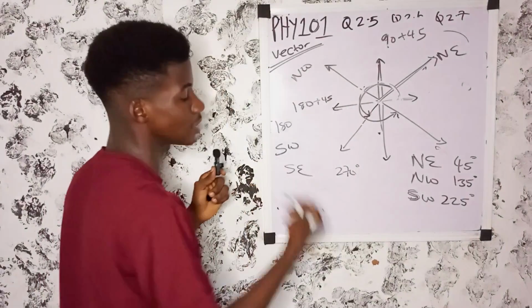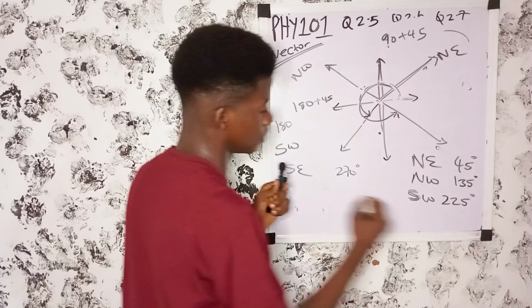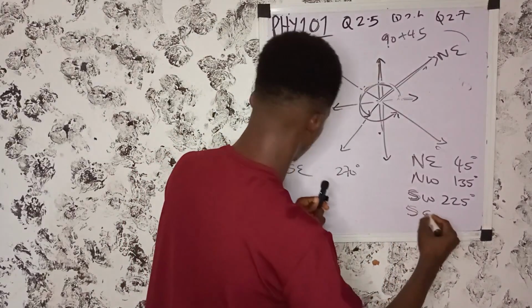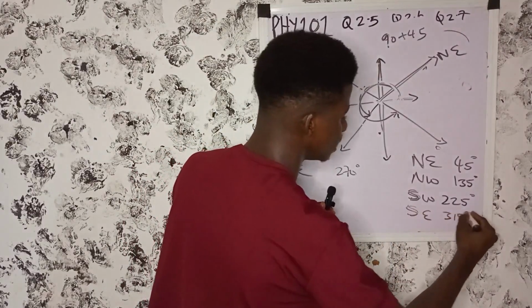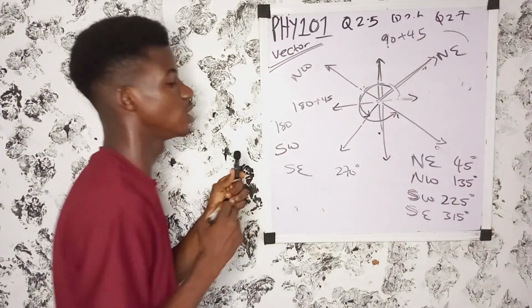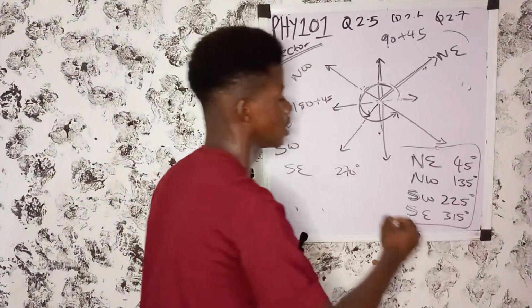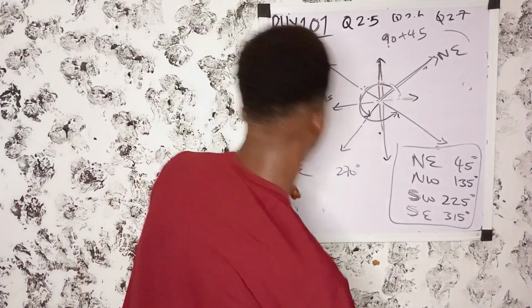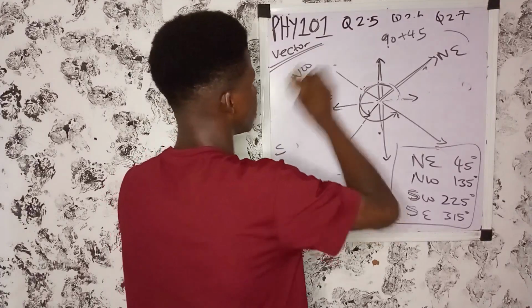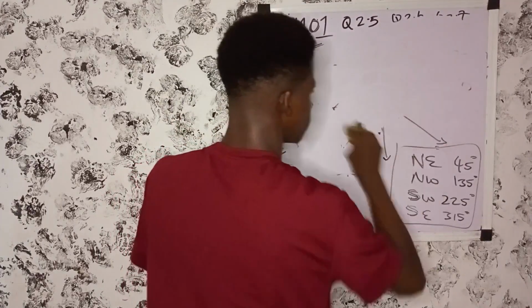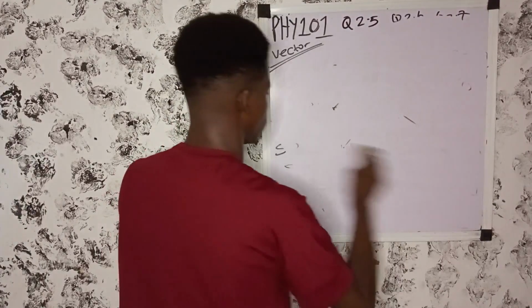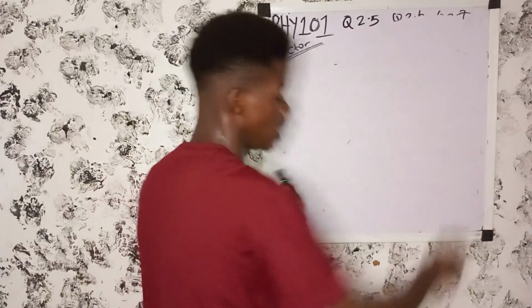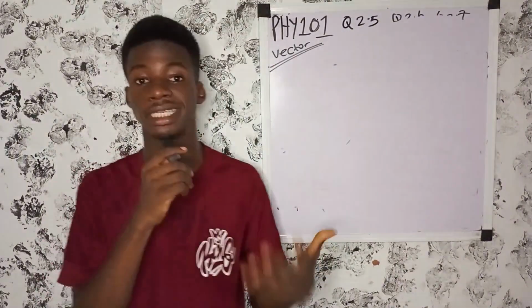So southeast is 315 degrees. Please take note of all this, it is very important. So now let's move to the question itself, in the next video.